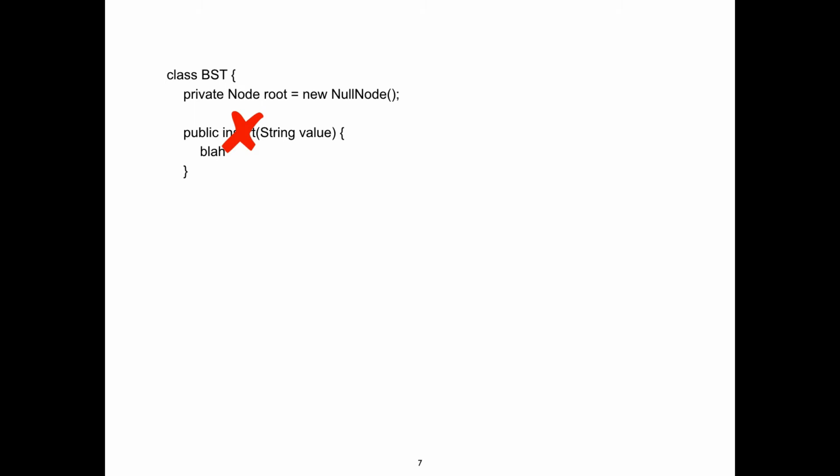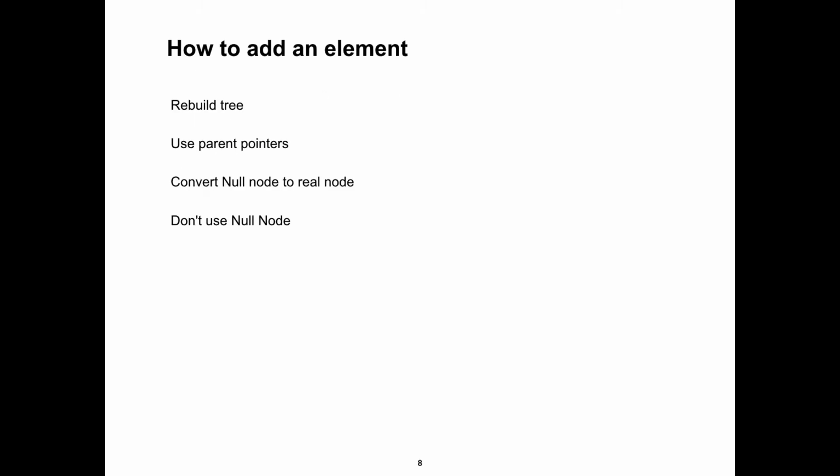So one issue was, if we're using a null object, how do we actually add things, right? The problem is you say insert or add, and it goes down and down, and it ends at the null object. And now how do you add it one place up, right?